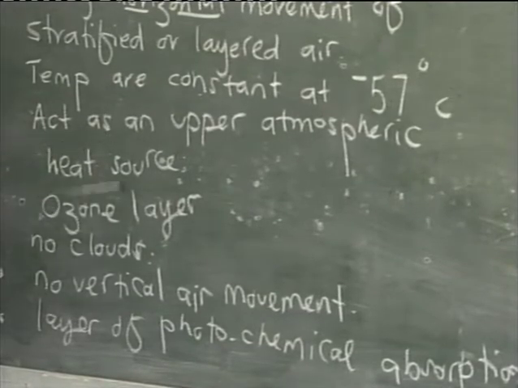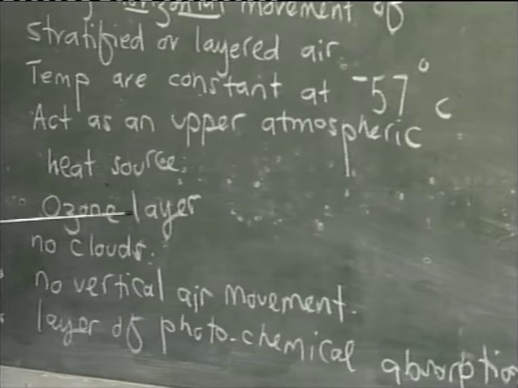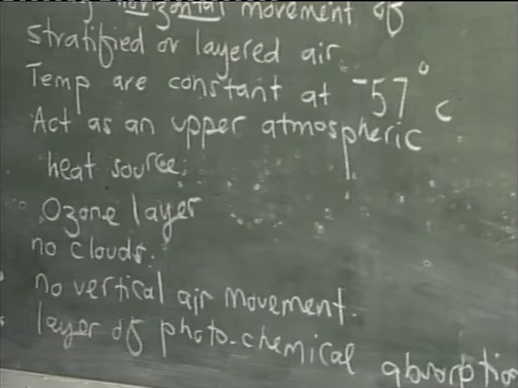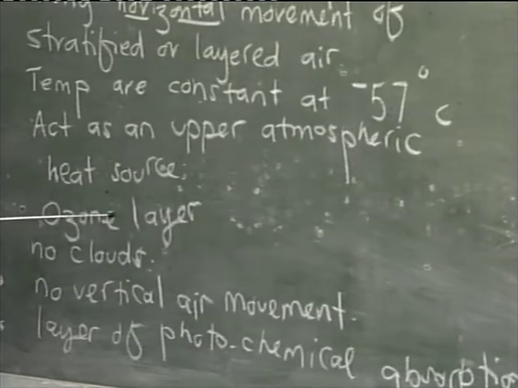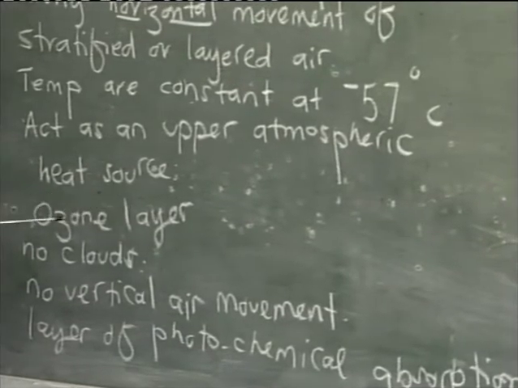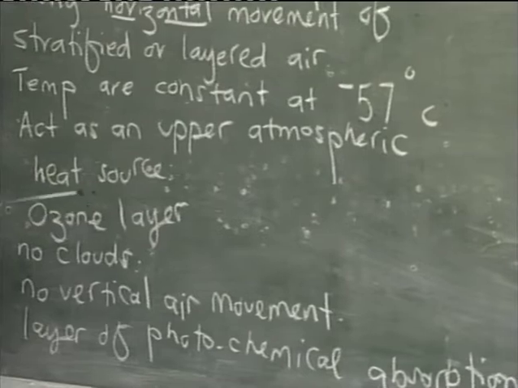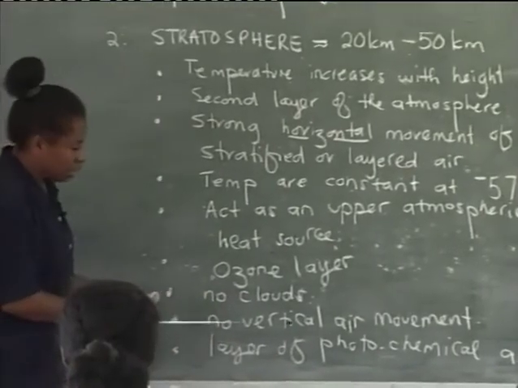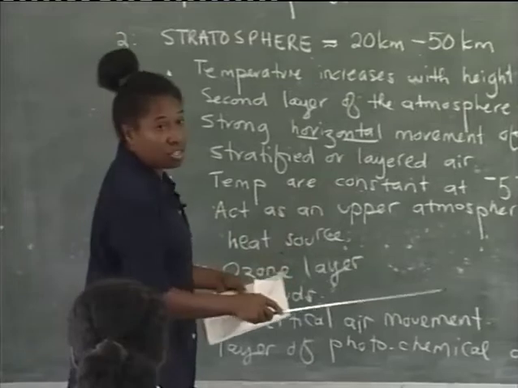Okay, we also note this is the layer where the ozone gases are actually formed and found, and those ozone gases then will contribute to the formation of the ozone layer. This layer is very important because, as we already mentioned, it absorbs the ultraviolet radiation.